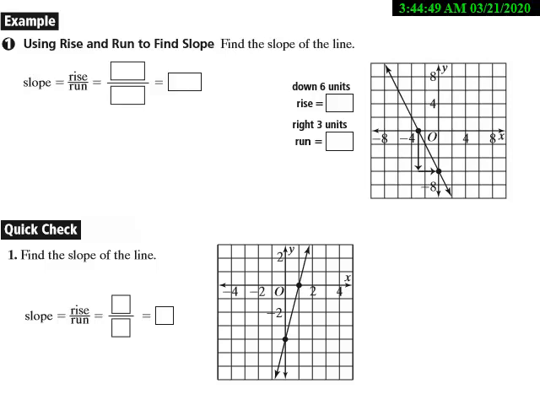So here the slope, rise over run, according to the definition which we had at the beginning of the session, the rise will be 6 units and the run will be 3 units, but you have to be careful because the rise is down, that means it's -6, and the run goes to the right, that means it's positive. So the final result will be -6 over 3, which is -2. So the rise is -6 and the run is 3.